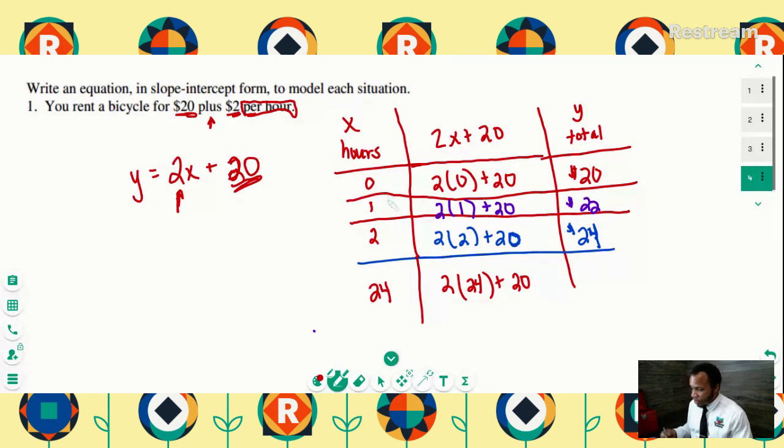That gives you a total of 48. And then we're going to add that to the $20 flat rate that we have to pay. So from here, 48 plus 20 gives us $68 that you would have to pay to keep it for the whole day.